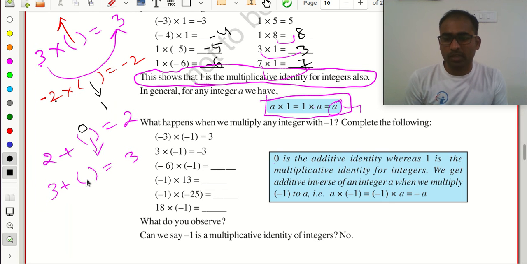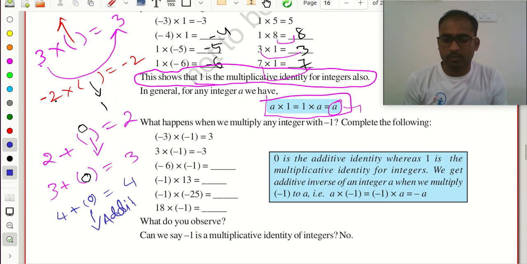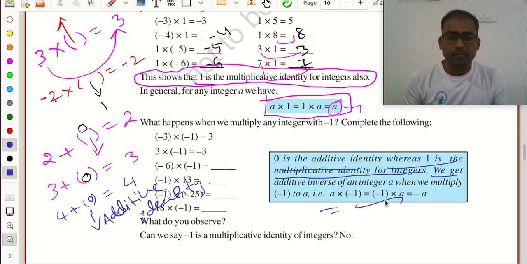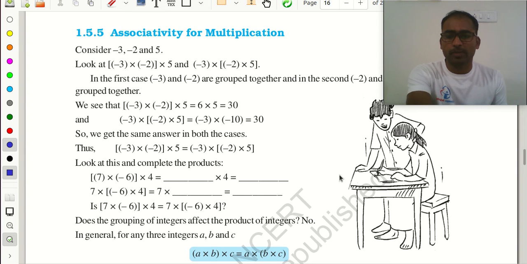Yes, we should put 0 here. Then I will get the same answer. See, check another one. 4 plus, what should I put here? 0. So 0 is the additive identity. 4 plus 0 is equal to 4. So 0 is the additive identity, whereas 1 is the multiplicative identity for integers. Okay? So this is the thing about the additive identity and multiplicative identity.